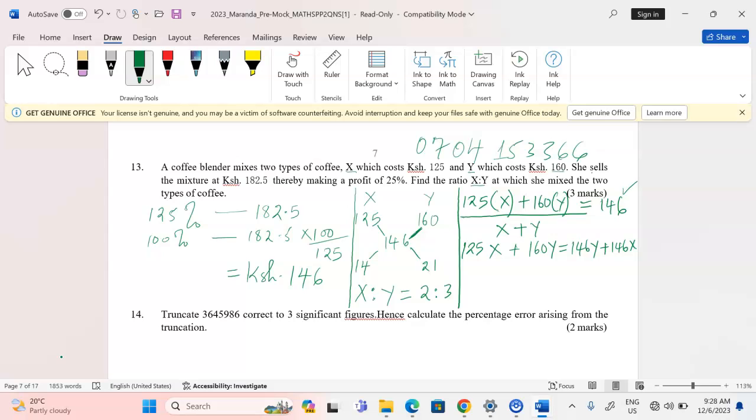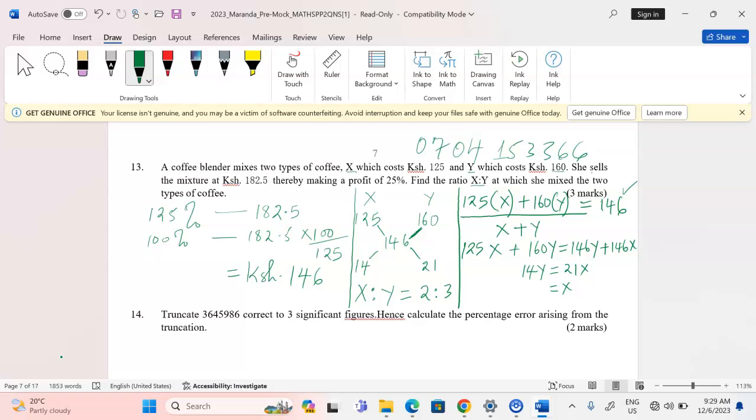When we bring Y's to this side, they'll become positive. Therefore, 160 minus 146 should give us 14Y equals 146 minus 125, 21X.